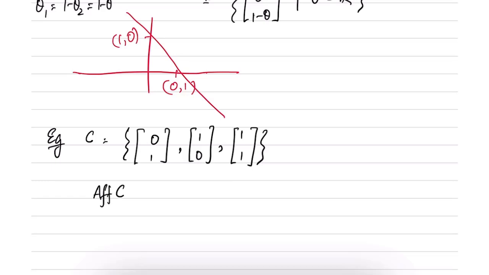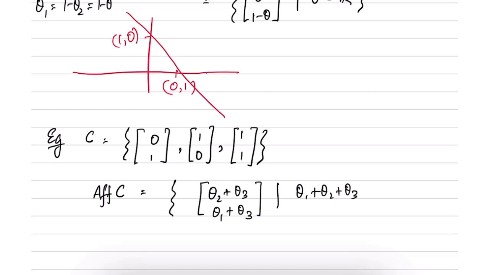So the affine hull of C is given by (theta 2 plus theta 3, theta 1 plus theta 3), where theta 1 plus theta 2 plus theta 3 equal to 1 and the theta i's are all real. So again, we have just directly applied the definition.